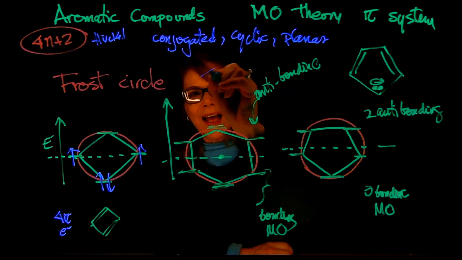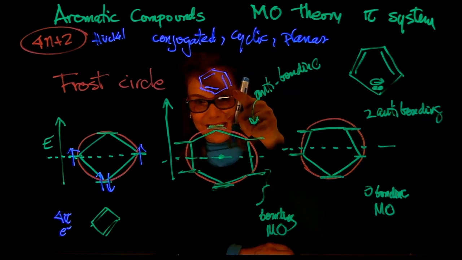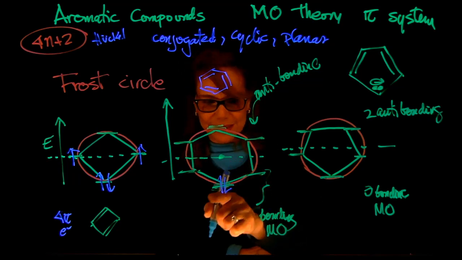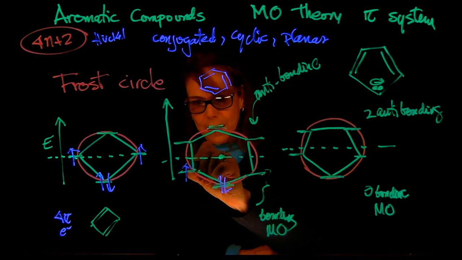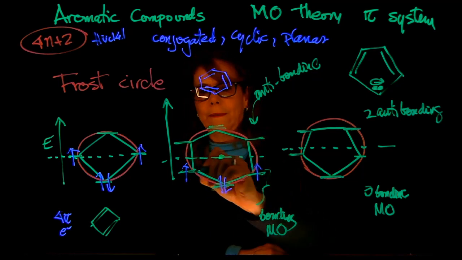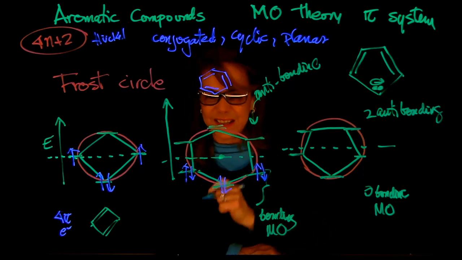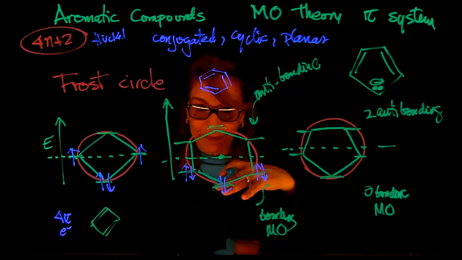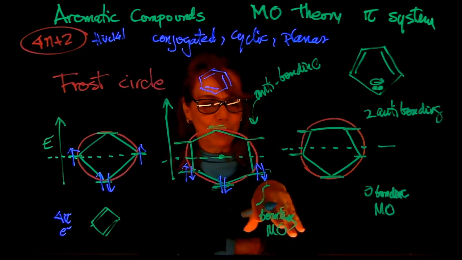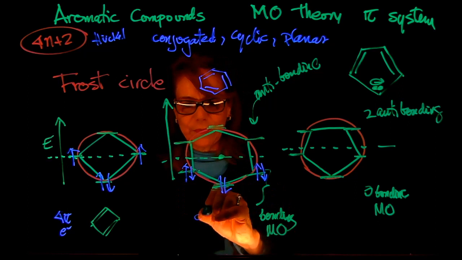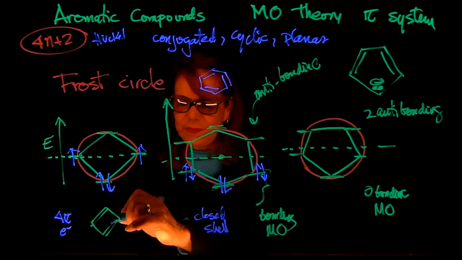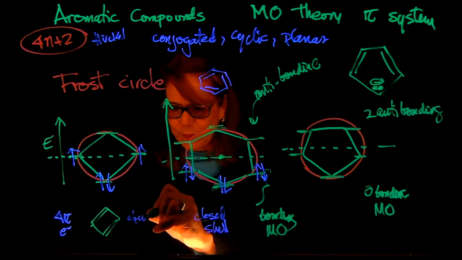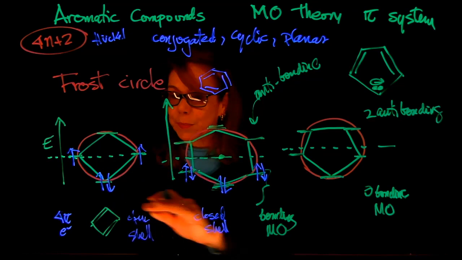When we do benzene, we have 2, 4, 6 pi electrons, and you do the same: place them from the bottom up, Aufbau principle, Hund's rule here, and then you complete the 6 electrons, Pauli's exclusion principle. Everything is paired up in all the electrons in the involved MOs, and that's closed shell, so stable. The other one is open shell, actually, not everything is paired up.